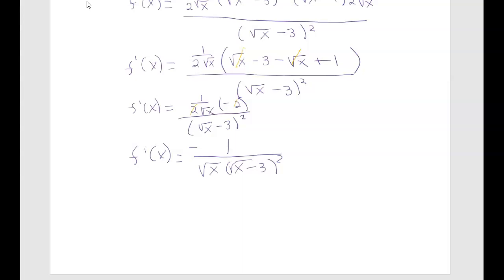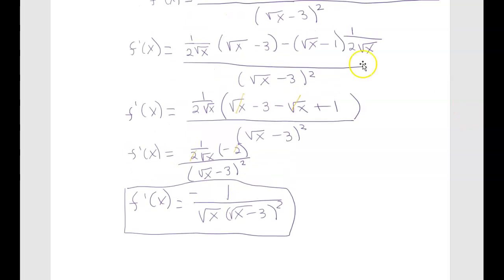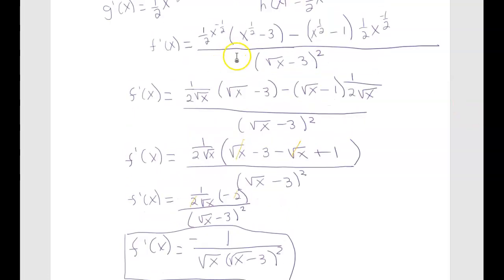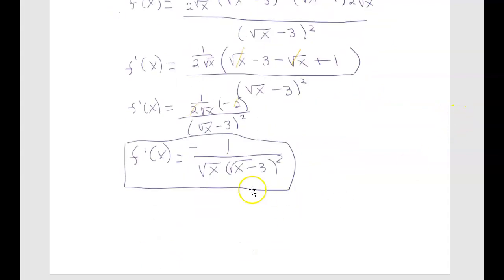We could multiply this out. I don't need to. We're good right here. And it actually might take our first answer. It depends on how picky the program is wanting to be. It might actually take that one. But this is a little better, simplifying.